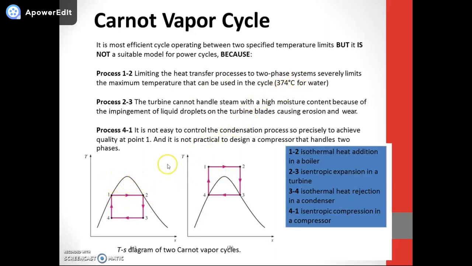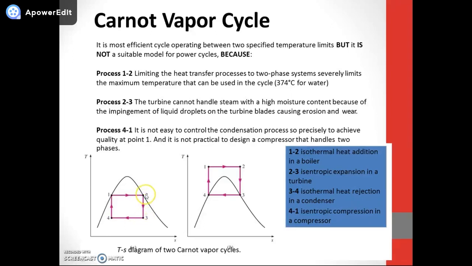So that's the limit. This is liquid, this is vapor. For process 2 to 3, the turbine cannot handle steam with a high moisture content because of the impingement of liquid droplets on the turbine blades, causing erosion and wear.